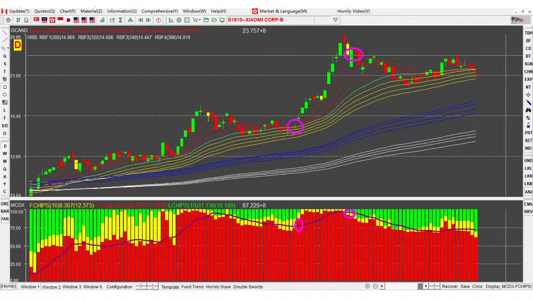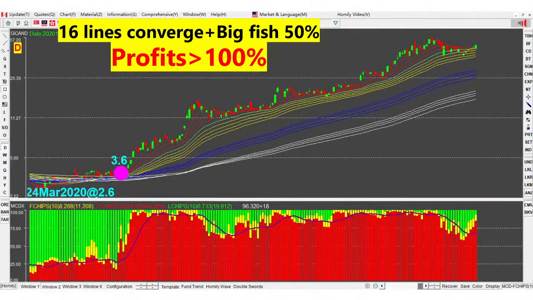So this is today the indicator. We learned to check the long-term, mid-term, and short-term, the different period investment. And this is another pattern. So this pattern can help us to find any share can get 100% of the profits.